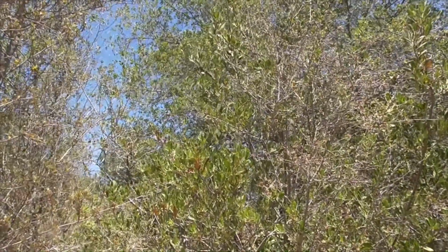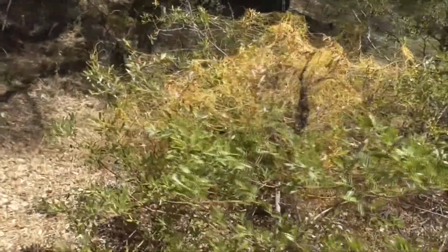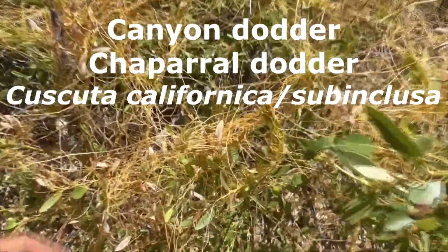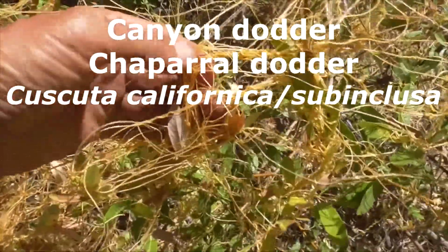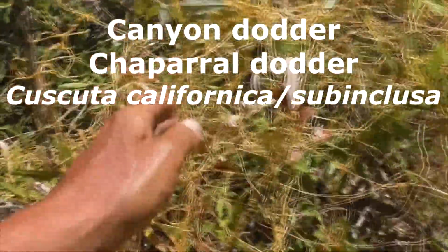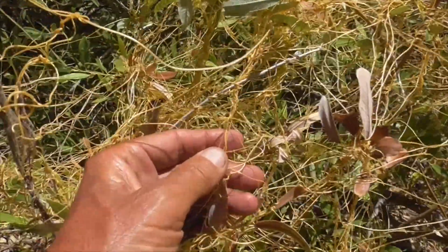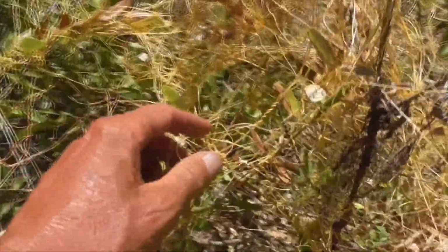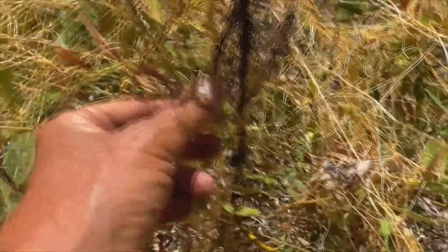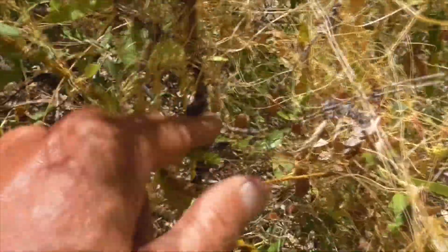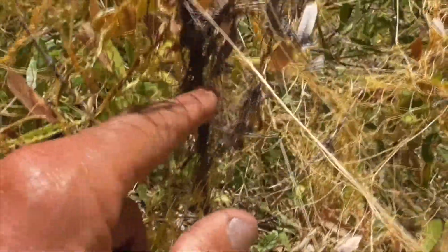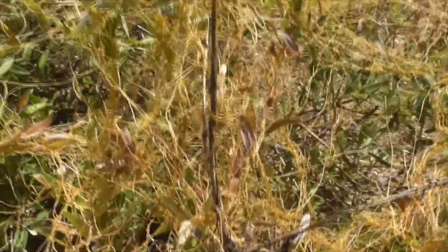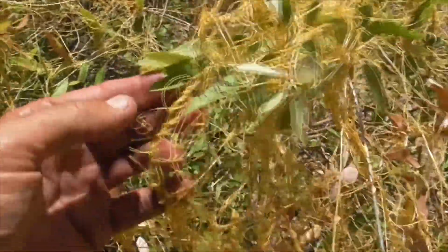How about that? Okay, so here we have this stringy stuff kind of growing on our little willow. This here, it's a parasite. He's called Canyon Dodder. So he doesn't even grow out of the ground. He doesn't have any roots. What he does is he'll just impale into the stem of his host, and he sucks it dry of all of its nutrients.